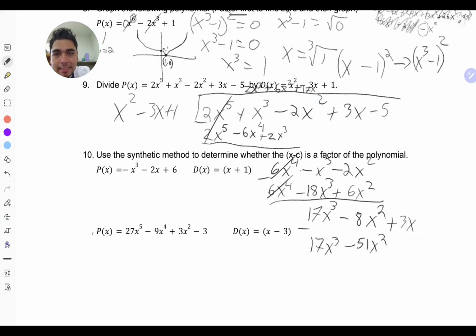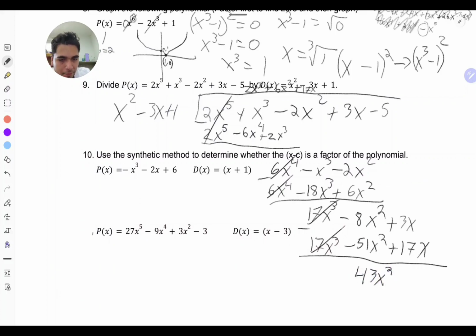And 17x times 1 is just plus 17x. Okay? So, do the subtraction. 17x cancels. You're left with negative 8x squared minus 51x squared, which is just 51 minus 8, which gives you 43.